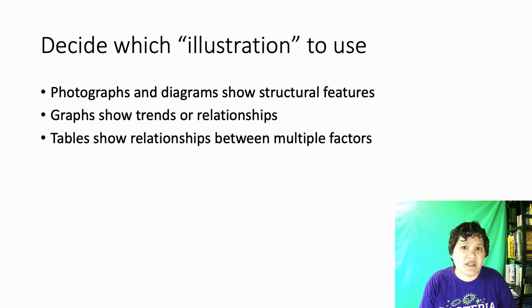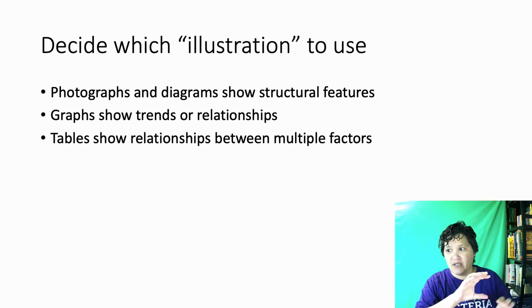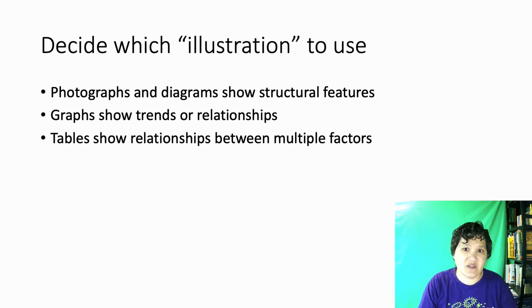Generally speaking, you use a table if there's too many factors to put on one graph and you want to see all of those things compared at the same time. You could put a whole array of graphs, and I've definitely seen people do that, but sometimes that's easier to see in table format.